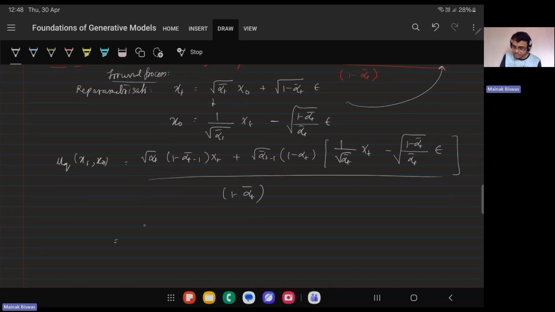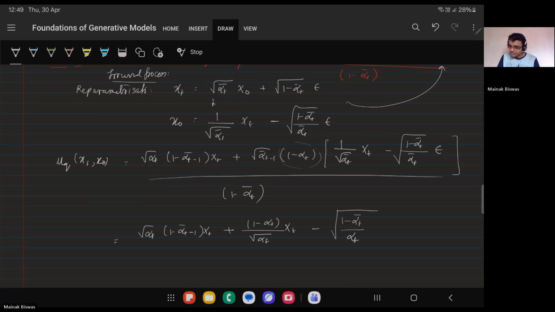As soon as I do that, the numerator becomes root alpha t (1 minus alpha t minus 1 bar) xt, and this term becomes (1 minus alpha t) by root alpha t xt minus the term that remains, which is root alpha t minus 1 bar over root alpha t bar into (1 minus alpha t) epsilon, right?